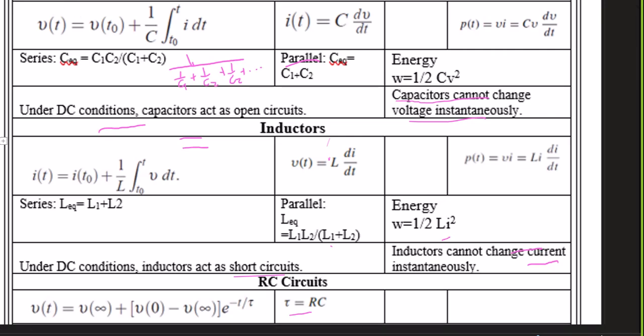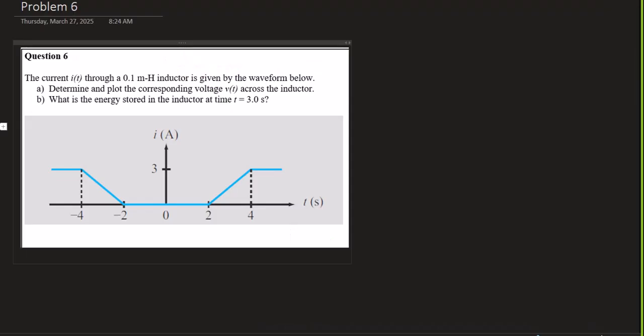So we go back and we say V equals L dI/dt. So this we can just read off the graph. It is just the slope. It's the derivative.